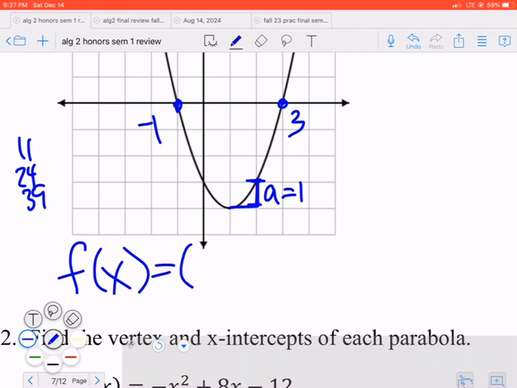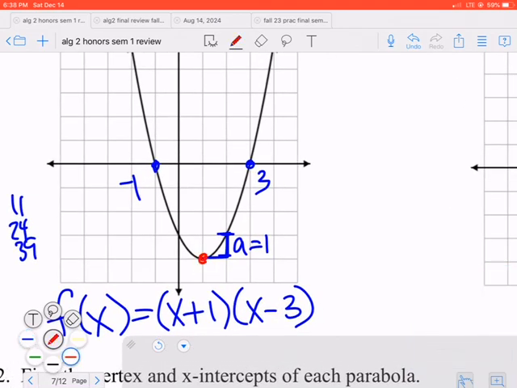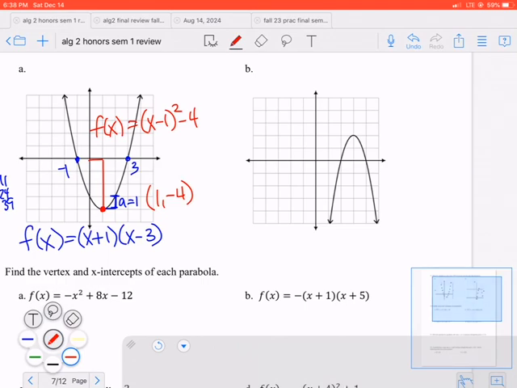So a is 1, so I don't need to write the 1 in front of the parentheses. X plus 1 times x minus 3. And then vertex form, the vertex is 1, negative 4. So vertex form is x minus 1 squared minus 4.